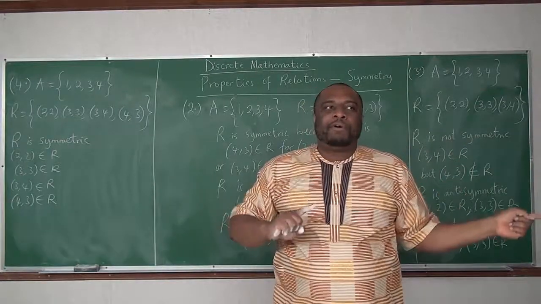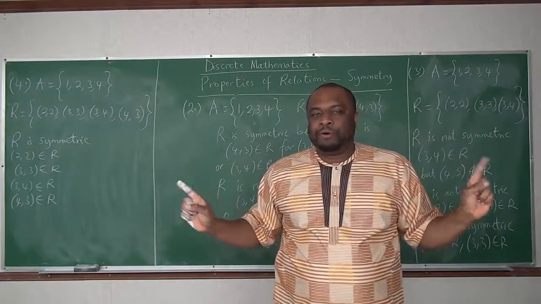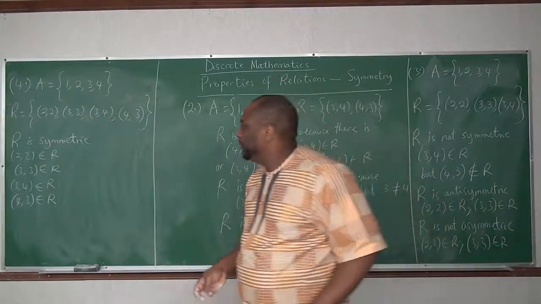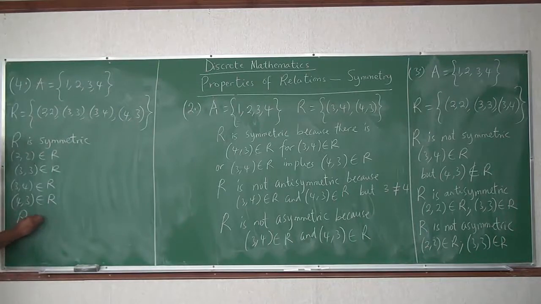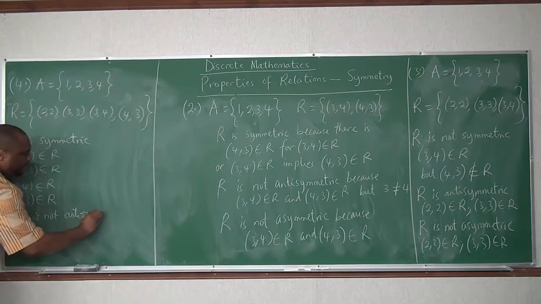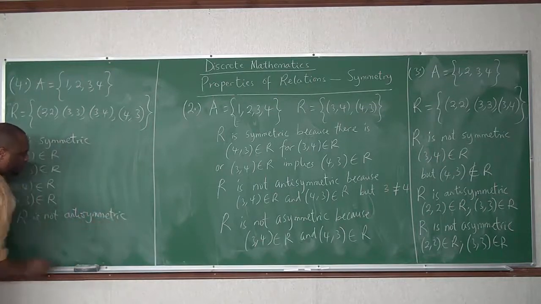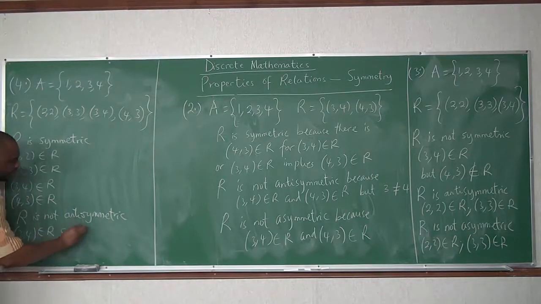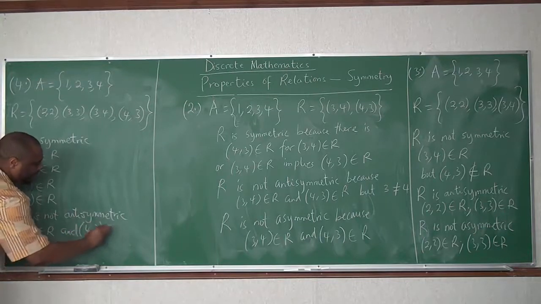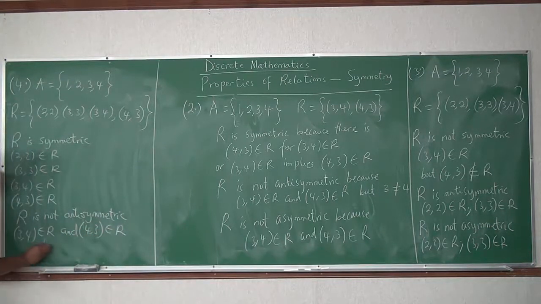So we say that arrow is not antisymmetric. Why? Because 3, 4 is an element of arrow, and 4, 3 is an element of arrow, but 3 is not equal to 4. Therefore, it is not antisymmetric.